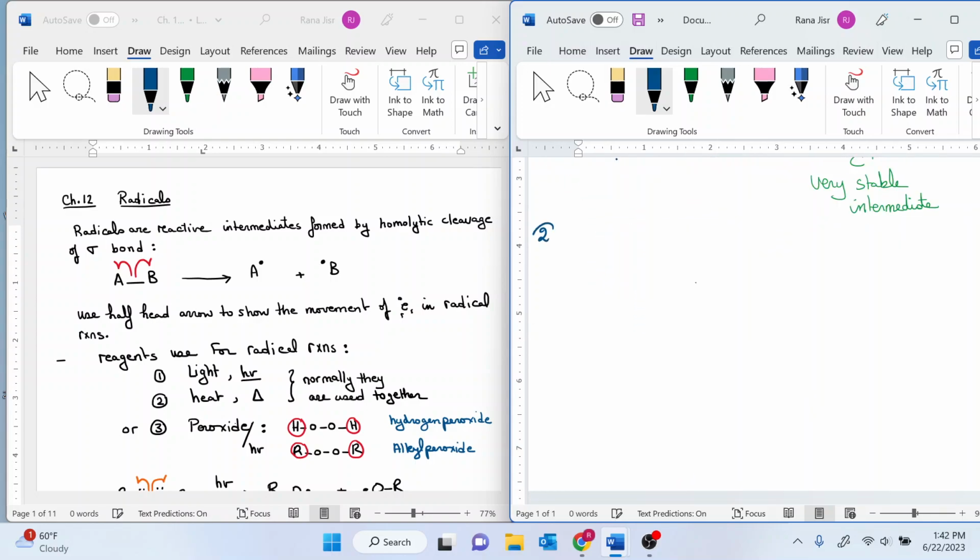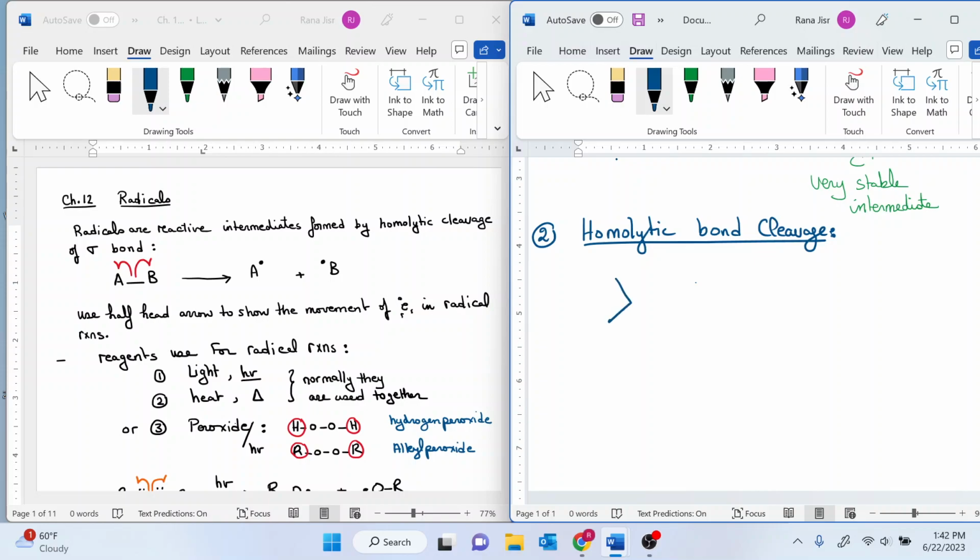The second type of cleavage is called homolytic bond cleavage. This type of cleavage runs by completely separate rules than heterolytic cleavage, meaning the intermediate I get is different from the carbocation.